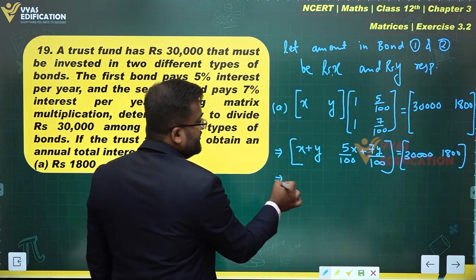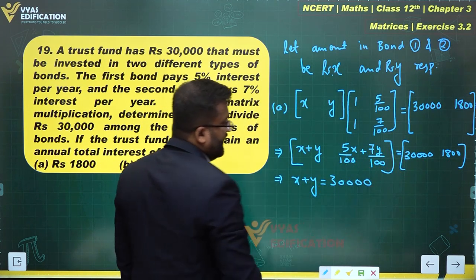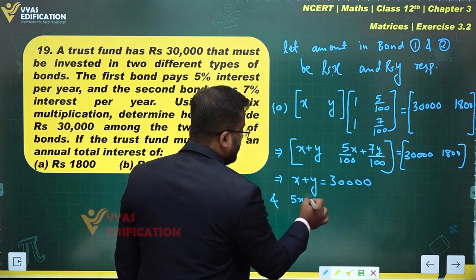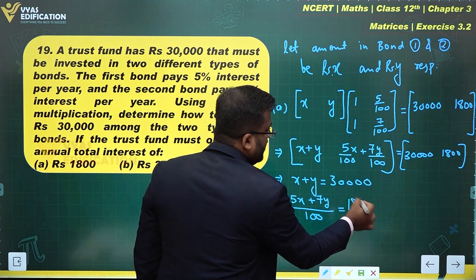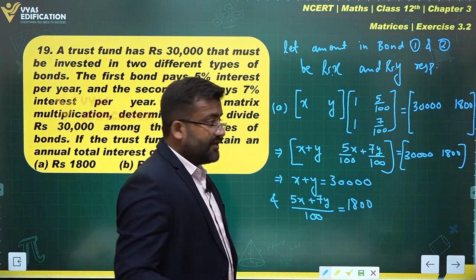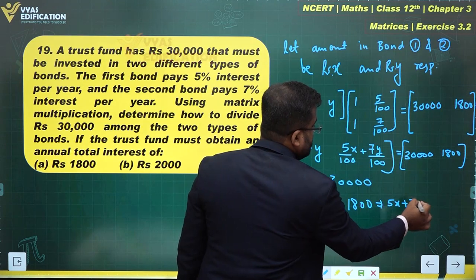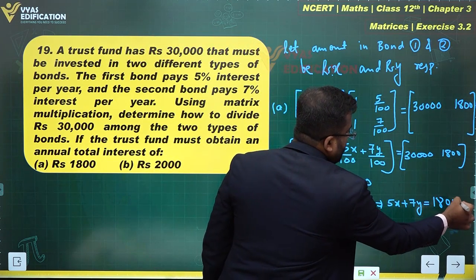So from here we observe that x plus y is 30,000 and 5x plus 7y over 100 is equal to 1800. Okay, pretty interesting. The second equation can further be simplified as 5x plus 7y is equal to 1,80,000.